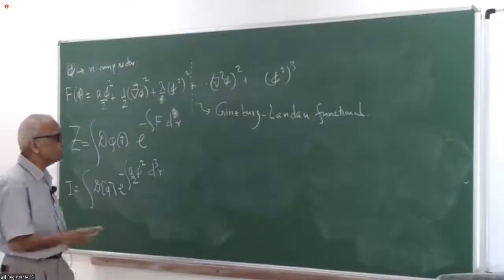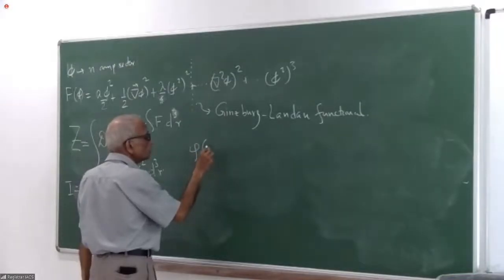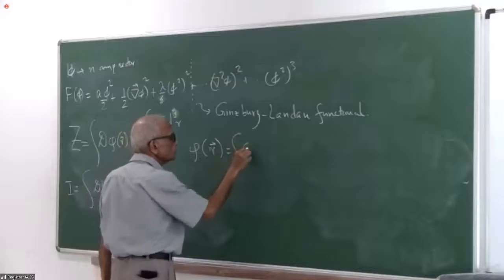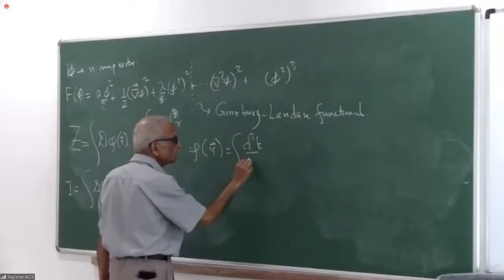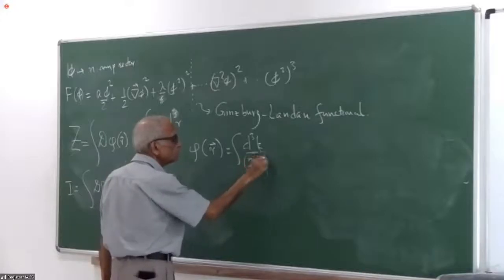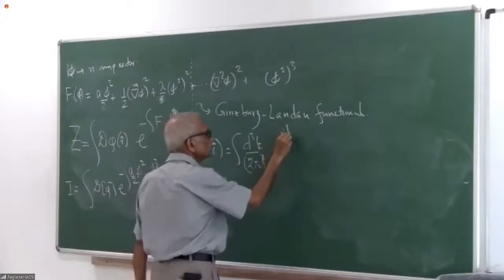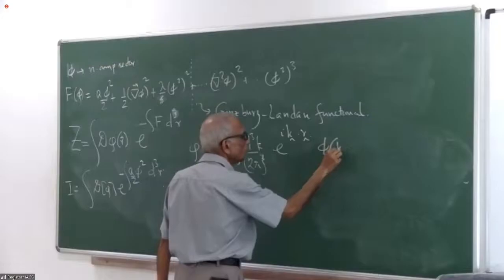So for that I went to the Fourier transform, which was defined as φ(r) is equal to ∫d³k. I mean, normally it would be d^dk, and it would be (2π)^d over here, and then it is e^(ik·r) φ(k).